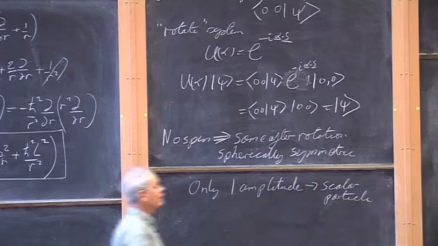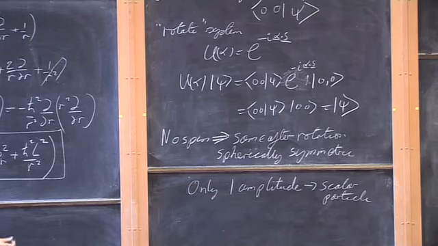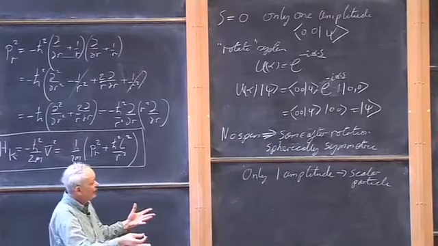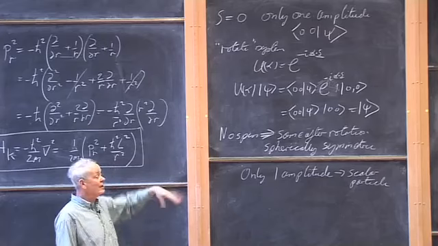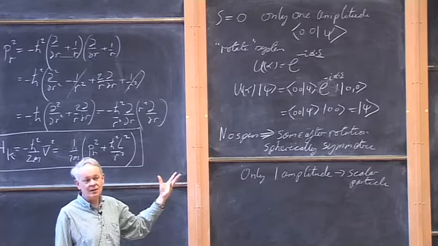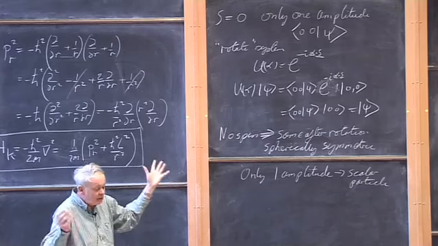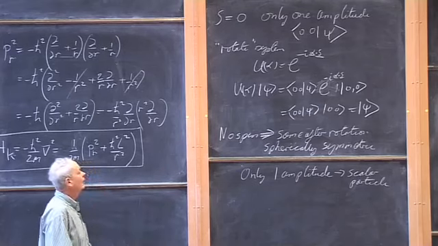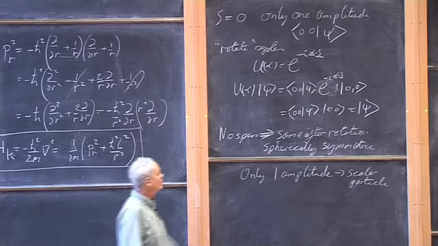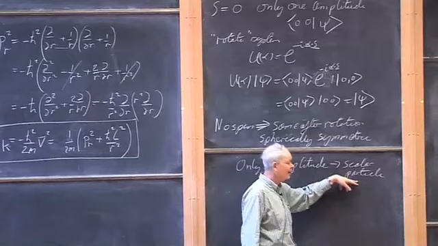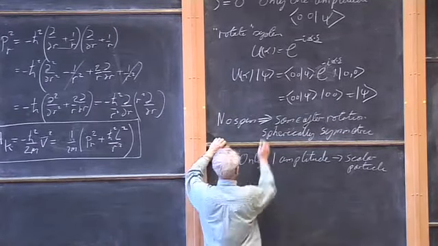So the simplest particles are spin zero particles. There's just one amplitude which is used, say, to say what the energy is or what the location is, because there's no issue of how it is oriented. It's a silly question, it doesn't have an orientation. Nothing changes if you try and reorient it. And because of the one amplitude business, you say it's a scalar particle. Right, so that's S equals 0.